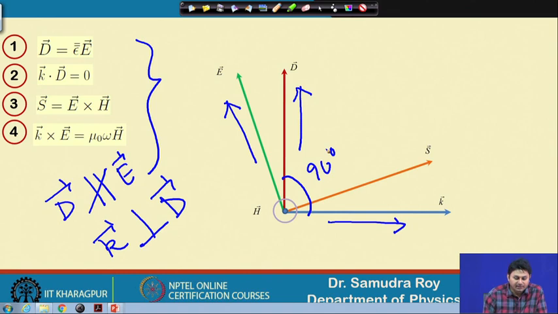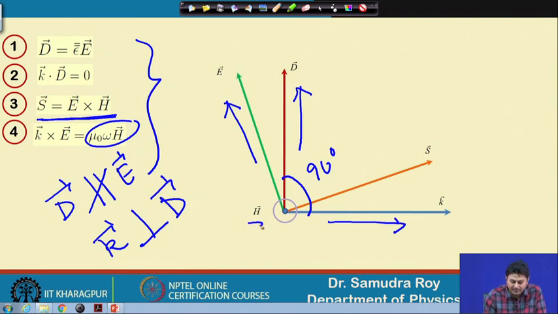Another expression is here, which is S and E. This expression suggests that the S vector is perpendicular to E and H. Before considering this S, let us consider the fourth expression, which suggests that the H vector is perpendicular to k and E both. So, now k and E are in this plane, so the H vector has to be perpendicular to this plane.